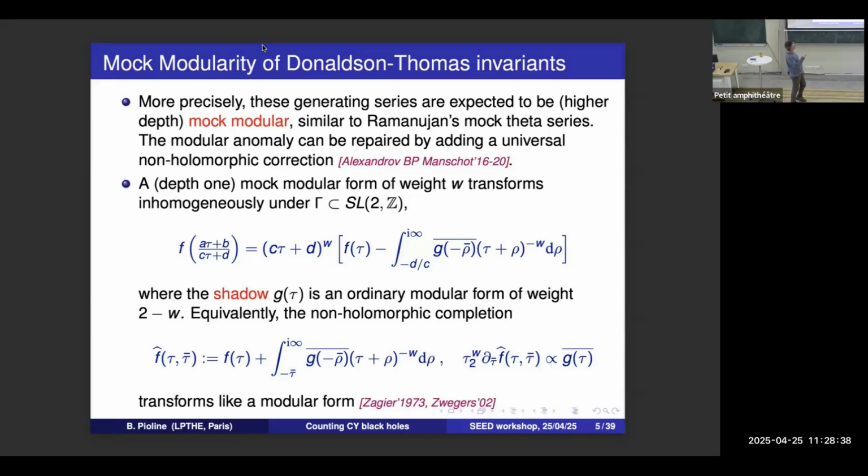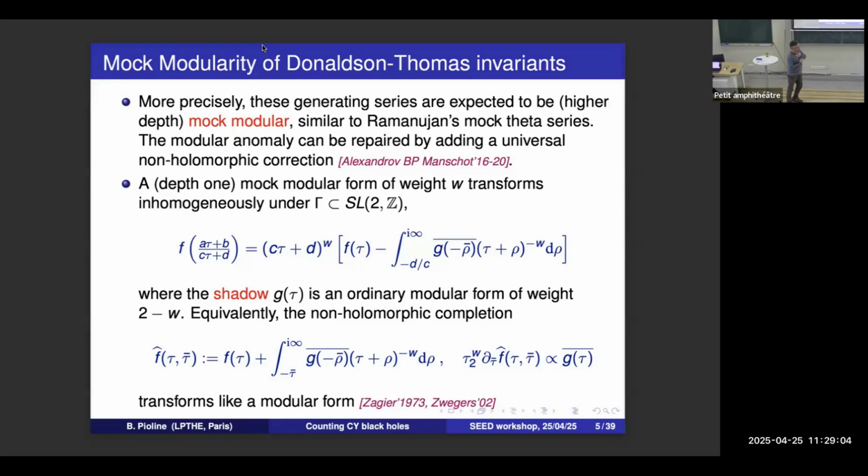In the simplest case, it's an ordinary modular form of weight 2 minus w if f has weight w. And so you see this is only a function of tau here. Tau occurs in this integrand, but it depends on the actual choice of transformation. And you can check that it satisfies the cocycle condition, the group law.